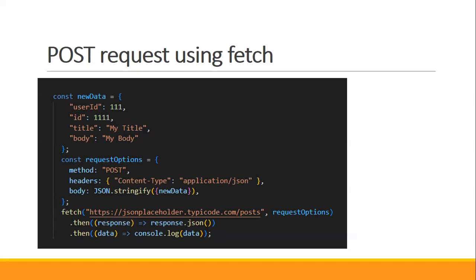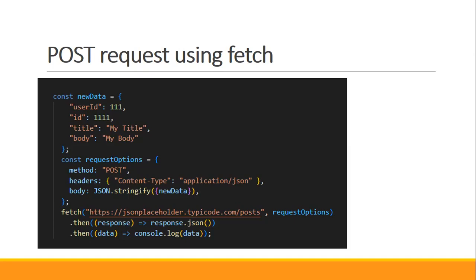It means we are fetching the data from the API to our application by using the get function. Now, we are going to understand how to make a POST request using fetch and Axios.